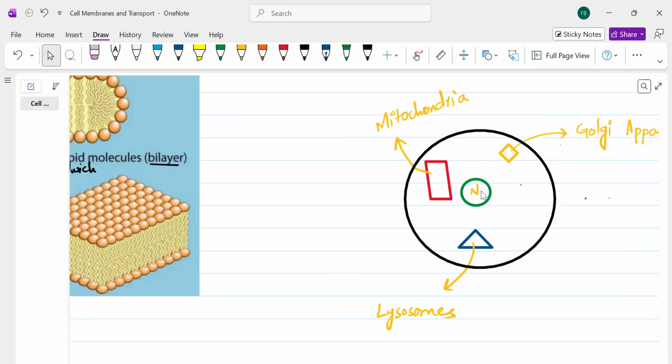There are exceptions, there are non-membranous organelles. Can you tell me those organelles which are non-membranous? Like they don't have any membrane. The ribosomes, yes, ribosomes and centrosomes.